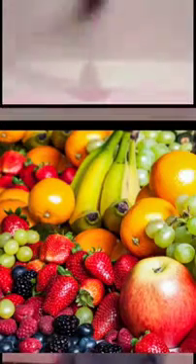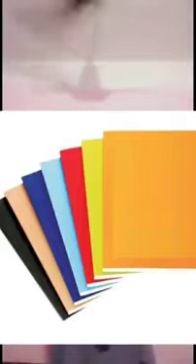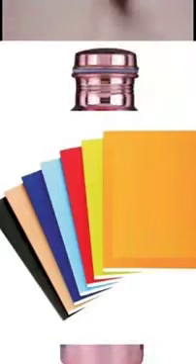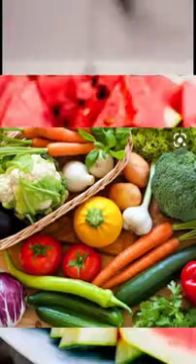Fruits, a duster and chalk. Oranges, pencil, notebooks, water bottle, vegetables. This is watermelon. Clothes, a pen.